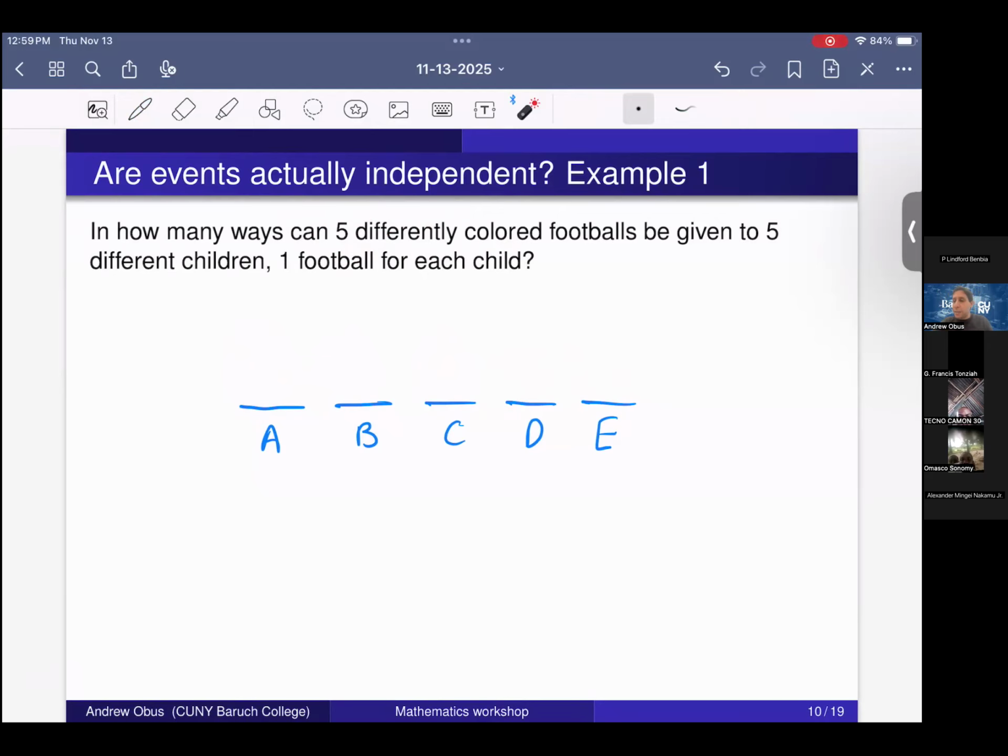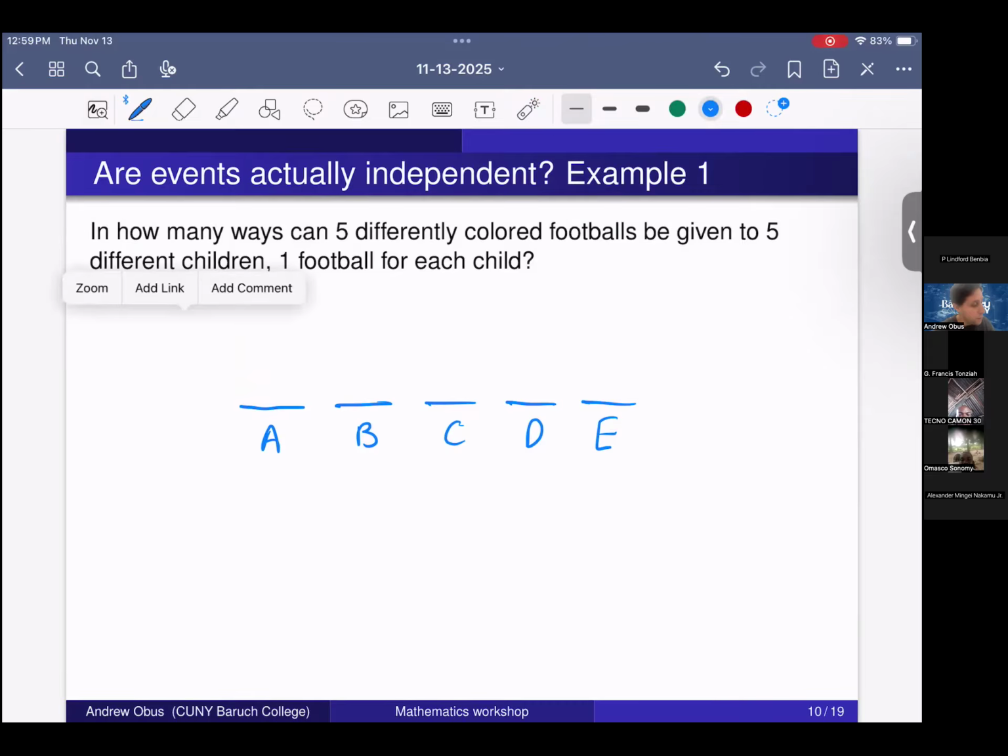So the question is, how many choices do I have, for instance, to give a football to A? How many choices do I have for giving the first football away to child A? Well, I've got five, and I can give any of them to the first child, right?